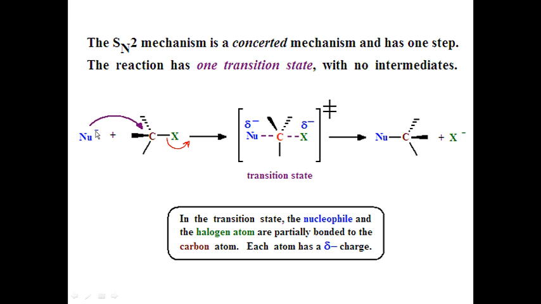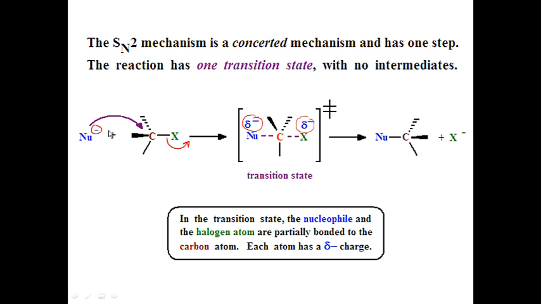So the nucleophile is going from being -1 to neutral, and therefore in the transition state, you have a delta minus charge on that nucleophile. The halogen is going from being neutral to -1, so it also has a delta minus charge.